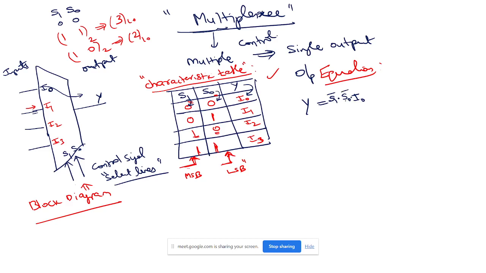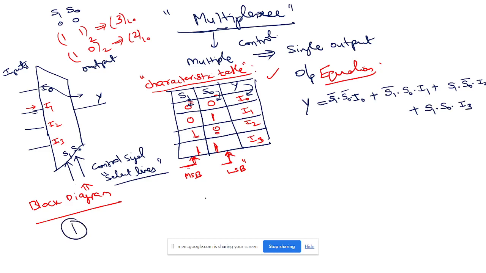When S1 is 0 and S0 is 1, Y is I1: S1 complement, S0, I1, plus S1, S0 complement, I2, plus S1, S0, I3.